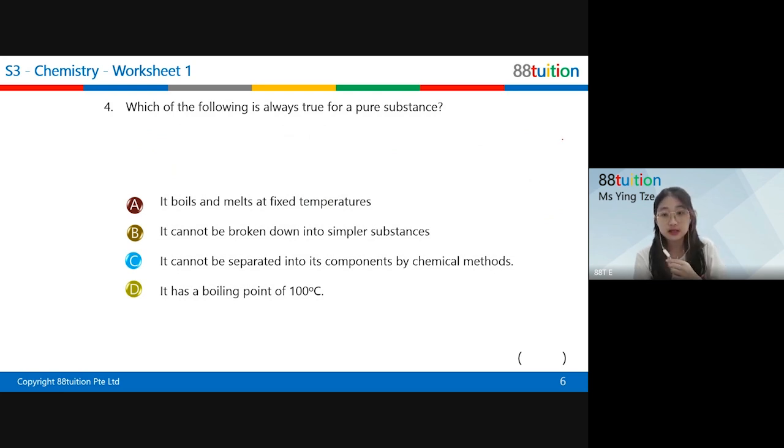Any other answers? Yes, it can also be a compound, like water is a compound.